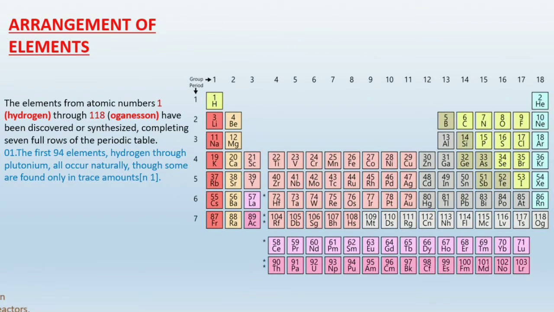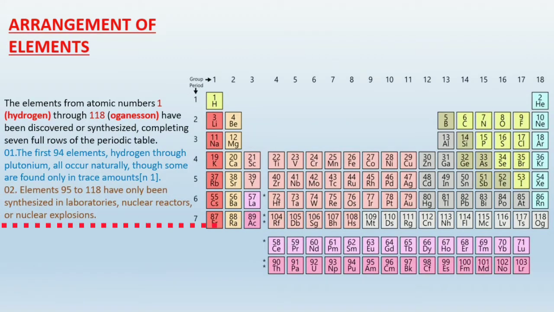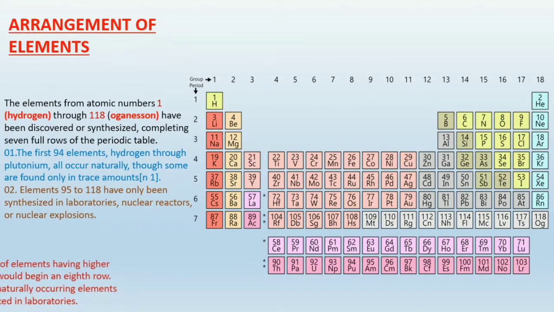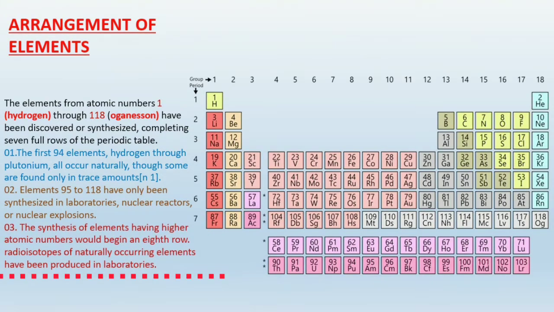And elements 95 to 118 have only been synthesized in laboratories, nuclear reactors or nuclear explosions. The synthesis of elements having higher atomic numbers would begin an 8th row. Radioisotopes of naturally occurring elements have also been produced in laboratories.